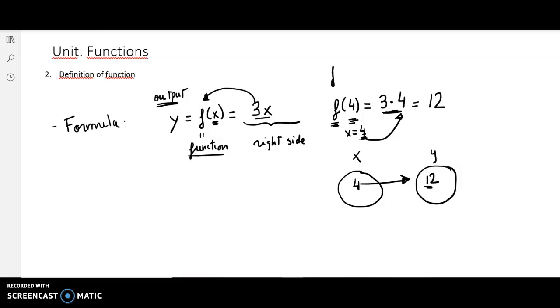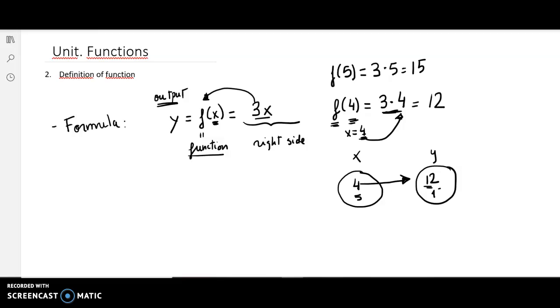If I put a different number in the first set, for example 5, this is going to produce another number. 3 times 5 is 15.